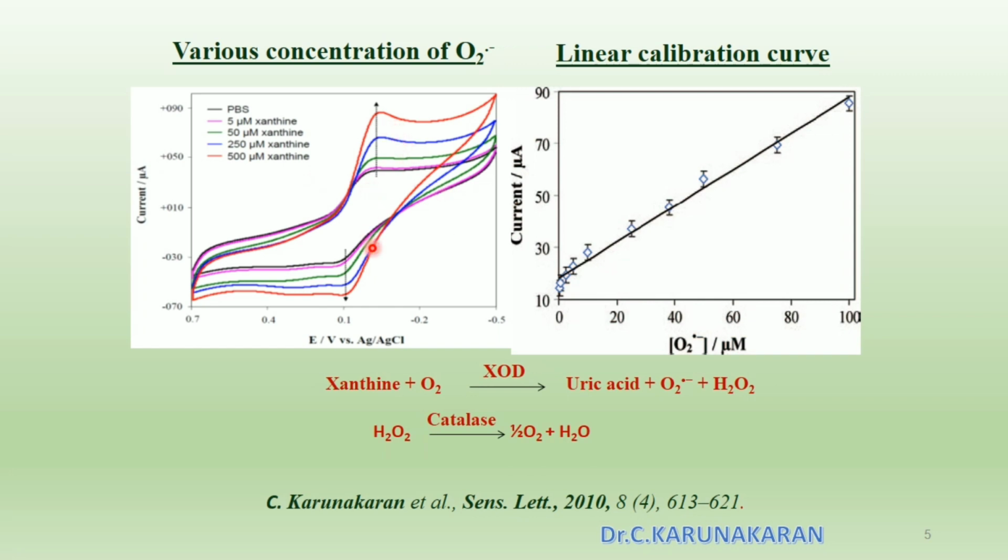Therefore, the current response increases because of the formation of high concentrations of superoxide radicals. We have drawn a calibration plot of current against the increase in superoxide radical concentration. There is a linear relationship between the concentration and current response.